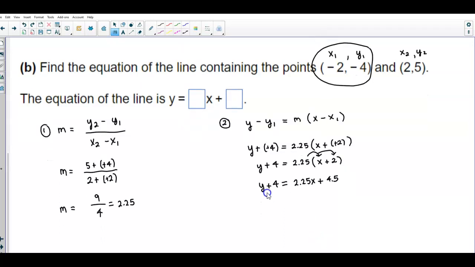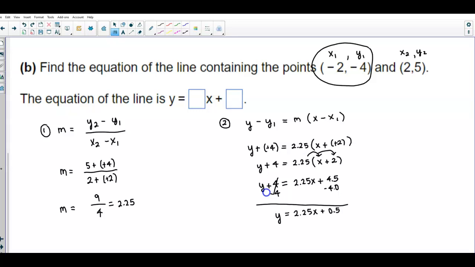Okay, and now in order to solve for y, we're going to subtract 4 from both sides. So y is going to equal 2.25x, and 4.5 minus 4.0 is plus 0.5.